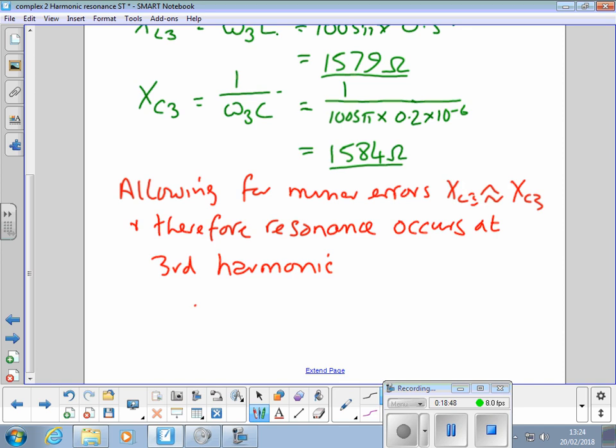At the third harmonic, Z3 is equal to R, which is 2 ohms.